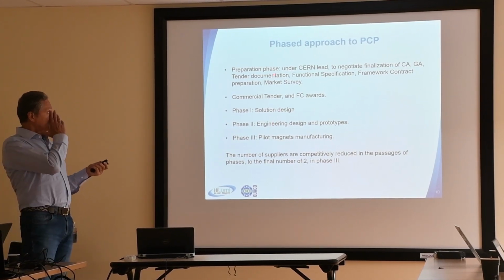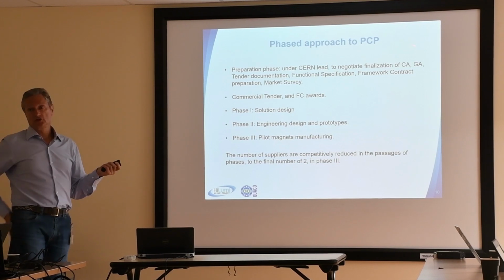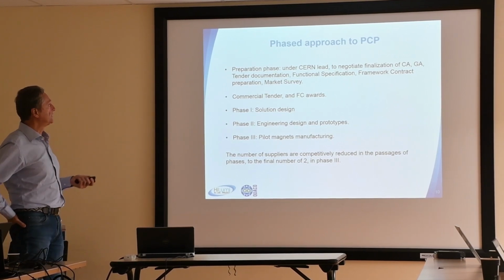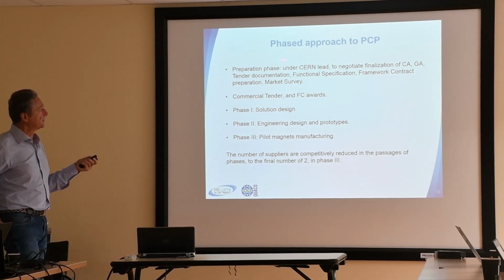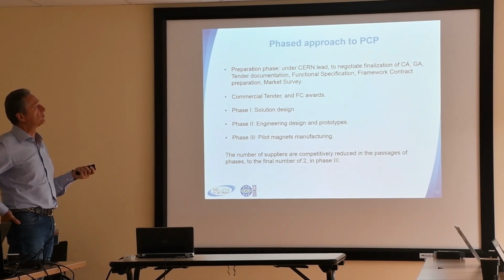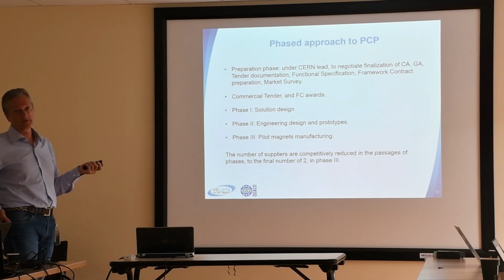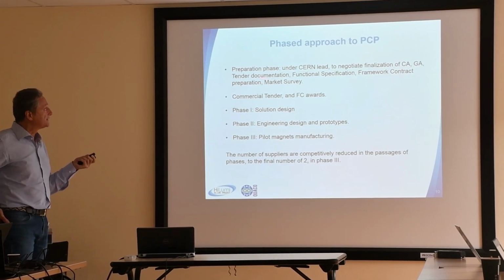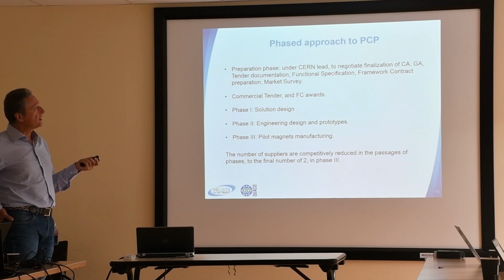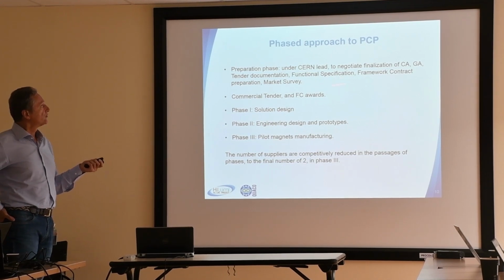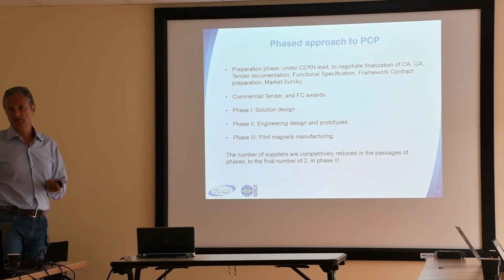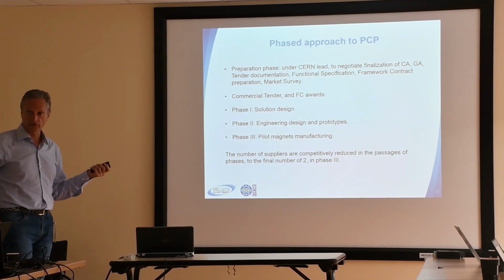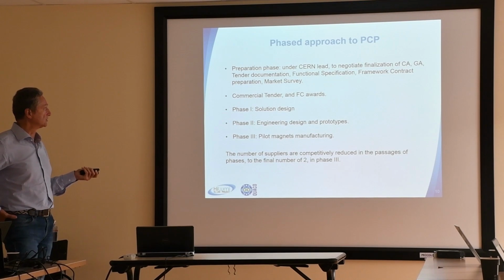I was mentioning before that there is a phased approach to the procurement, to the R&D, which means that first of all you have a preparation phase. In the preparation phase, you have to prepare a consortium agreement, a grant agreement, the tender documentation, the functional spec, framework contract preparation, and then you have to do a market survey, which is another important step in the process of the PCP preparation.